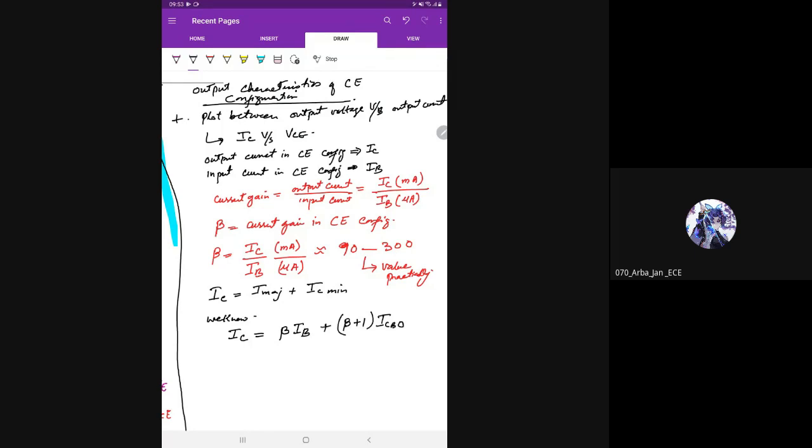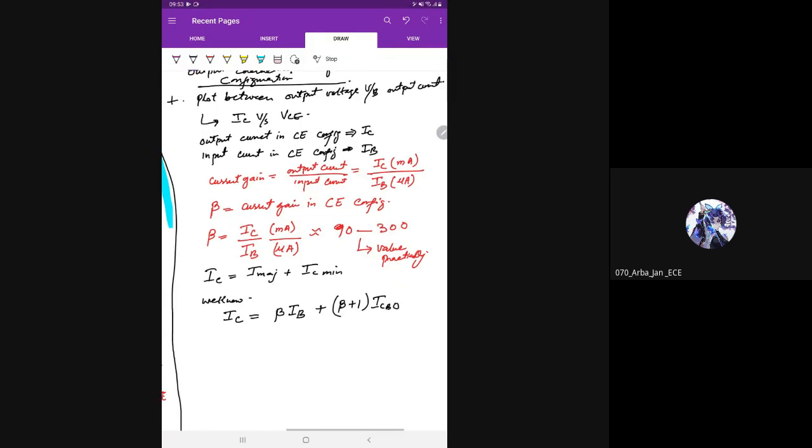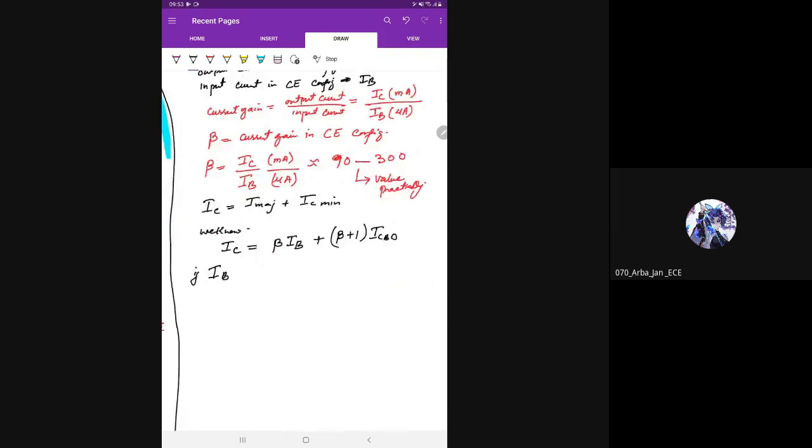Now see here in this equation, if IB is very small and equal to 0, then from this equation IC will be equal to 0 plus beta plus 1 times ICBO. So IC will be equal to beta plus 1 times ICBO, which is nothing but a small current. But in common emitter configuration, what kind of small current is it?